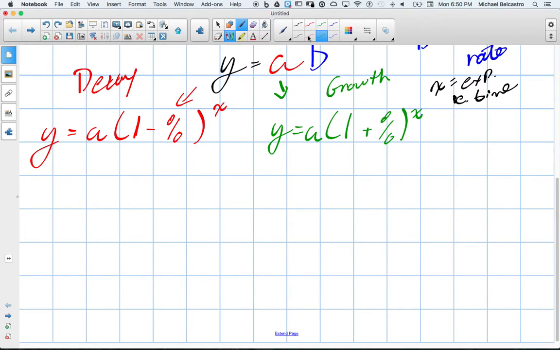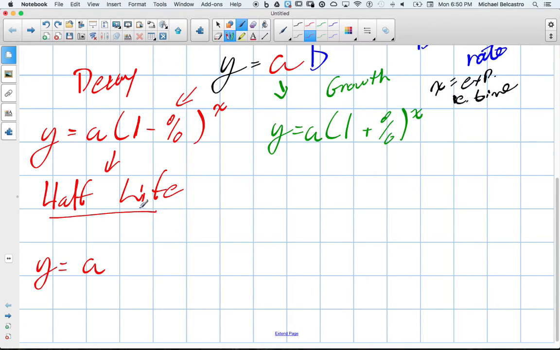Half-life and doubling time. Half-life is referring to decay, how long it takes something to go down by half. A half-life formula is usually written like this: y is equal to a. Because we're using the word half-life, we already know what the base of our power is going to be. It's a half or 50%.